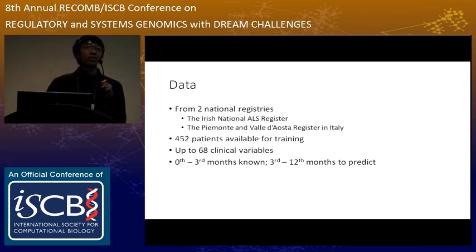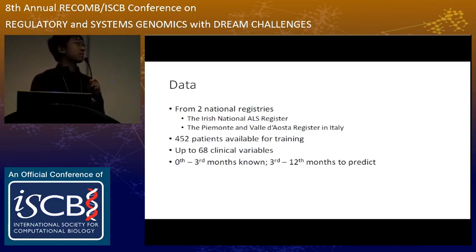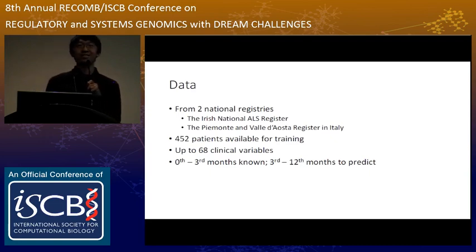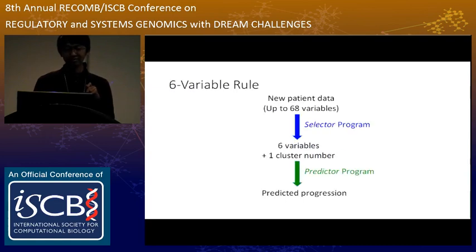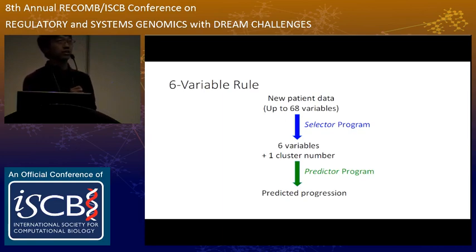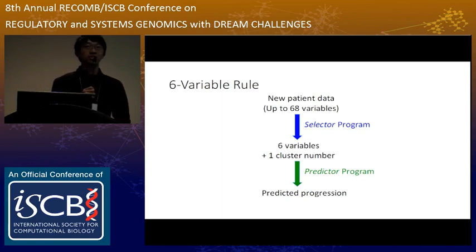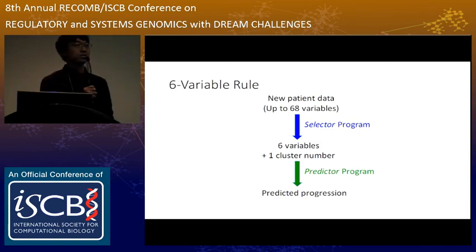For all the training data, we know there's data from 0 to 3rd month. We also know the training data status from 3rd to 12th months, but we pretend we don't know that so that we can make predictions. One thing special about this challenge, compared to another challenge I won, the Prostate Cancer Challenge, is the strict rule on the number of variables we can use.